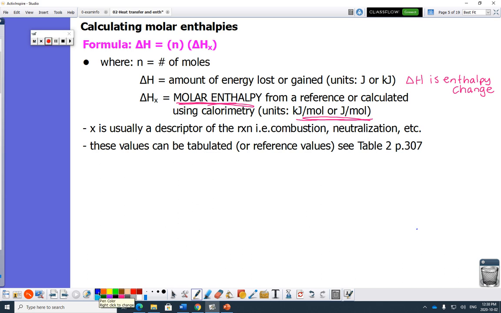So when you multiply moles by kilojoules per mole, the moles cancel out, and you're left with kilojoules, which is what delta H is.